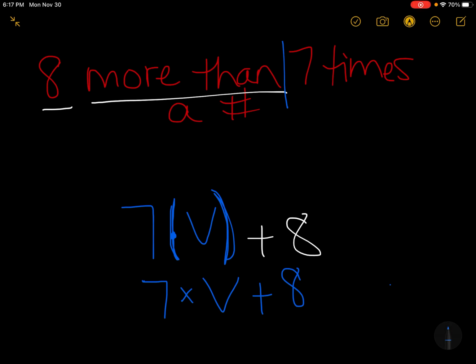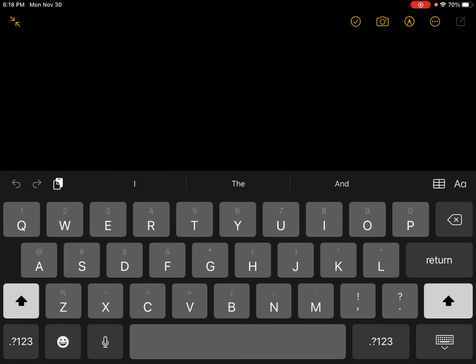So sometimes you'll be asked something like to write the product of n and 3. In this instance, we are looking at the word product.